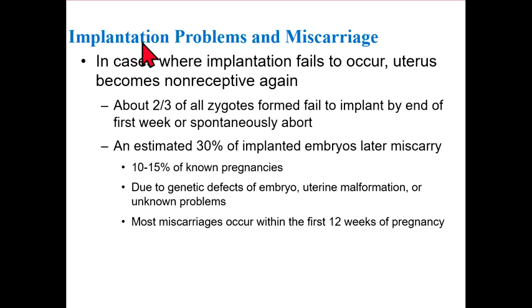There's a small period of time where the uterine wall is receptive for implantation. In cases where implantation fails to occur, the uterus becomes non-receptive again and will not allow the zygote to implant. And here it says 2/3, so the majority of all zygotes formed fail to implant by the end of the first week, or they spontaneously abort.